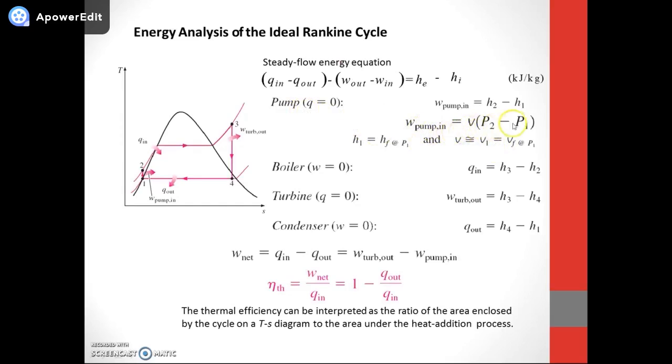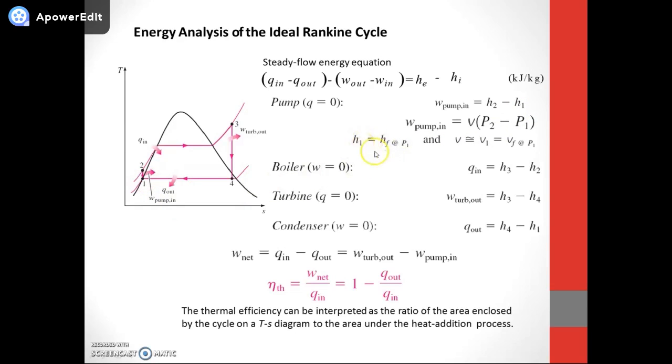Work pump in equals this value. So you have the value of work pump in. Do you have the value of H1? Yes, H1 equals hf at pressure 1, because this is a saturated liquid.